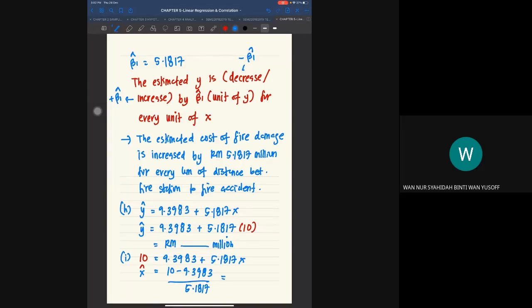So you will get the answer, and then don't forget the unit for the x.